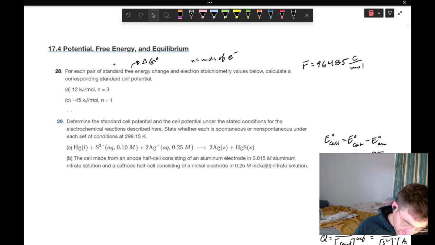So for each pair of standard free energy change and electron stoichiometry values below, calculate a corresponding standard cell potential. So I'm just going to write this up at the top here. This is harking back to the gas law, which was PV equals nRT.